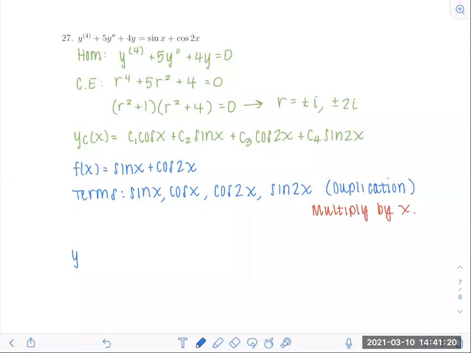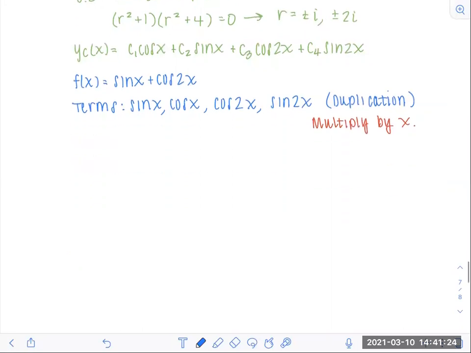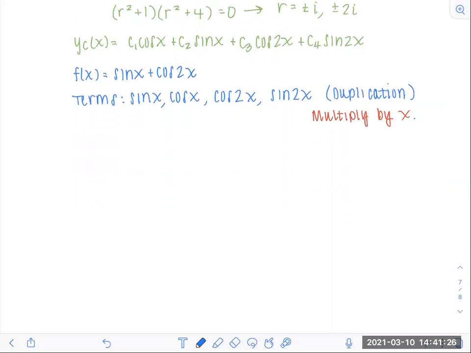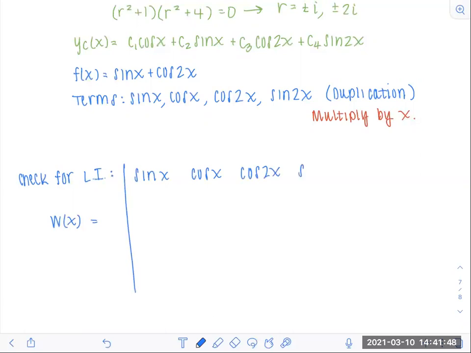So that being said, I can set up, and actually, do we want to go through the computation of linear independence? Let's go ahead and do it. Let's just check that this is linearly independent. I don't know, this might be opening a can of worms, but let's go ahead and see, because it is going to be a 4 by 4. All right, so I'm going to write all of the functions across the first row.